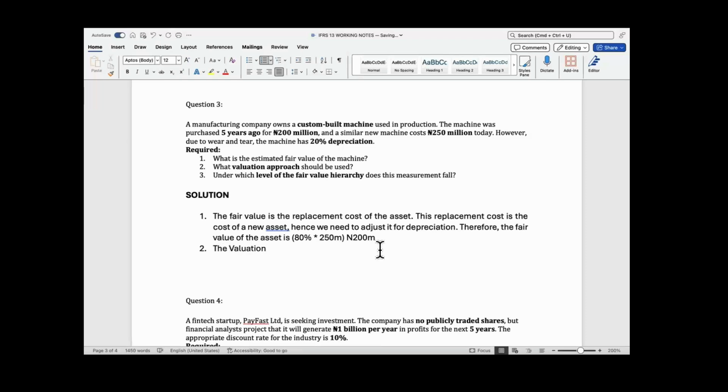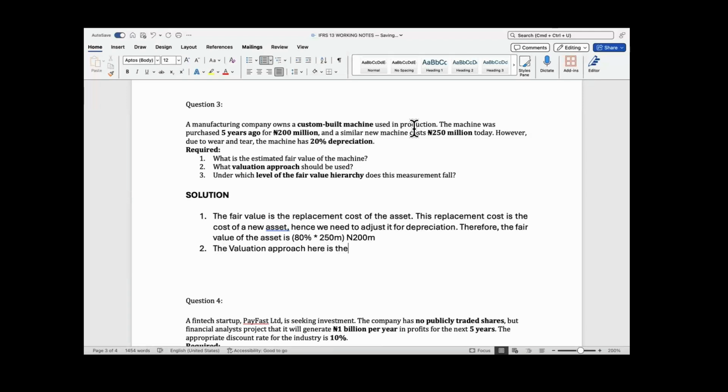Yeah, Damilola, you can go ahead, please. Good evening, sir. Please, why are we doing 80% of 250? I thought you said depreciation is 20%. I actually mentioned it too, that you can do 20% of 250 million to get the depreciation. Then you do 250 million minus that, whatever you get, you still get the same thing. It's just mathematics.